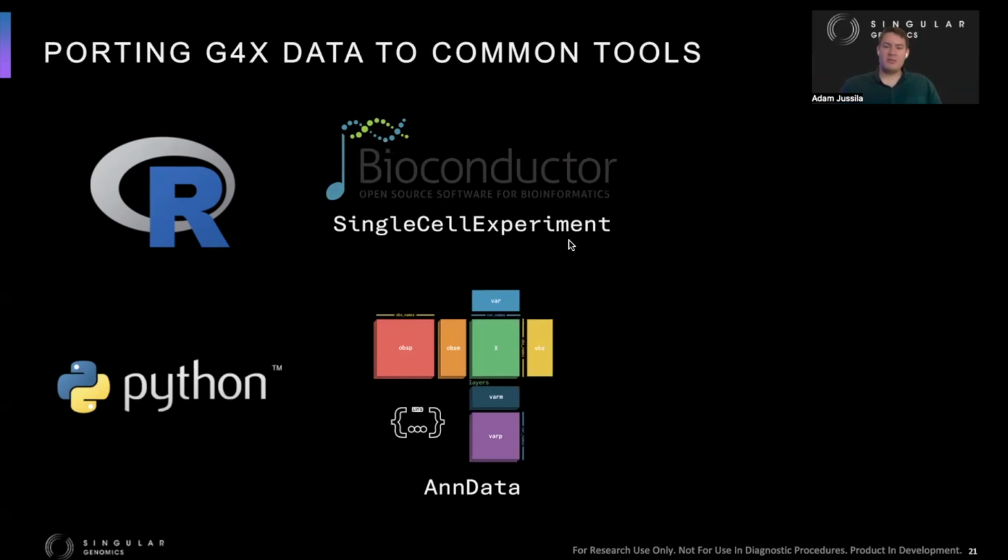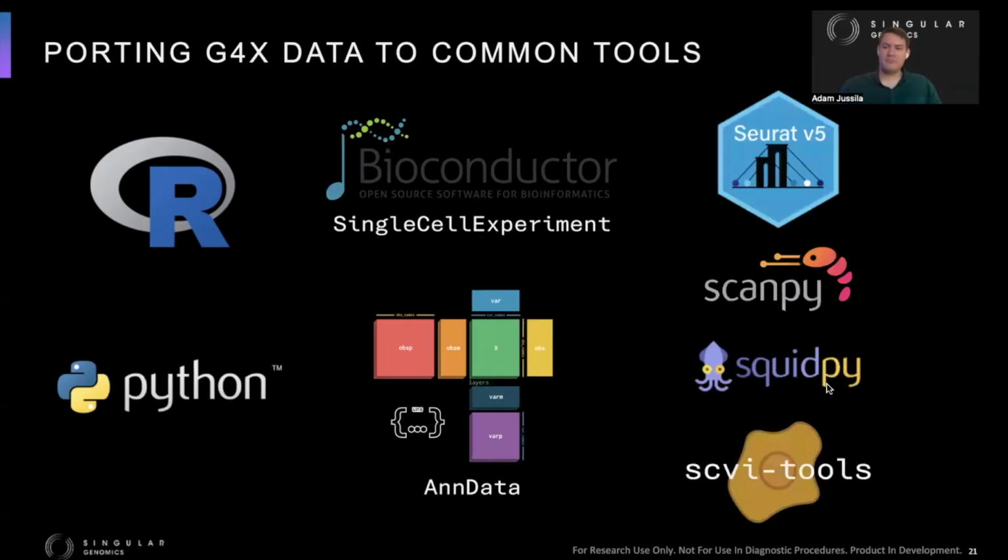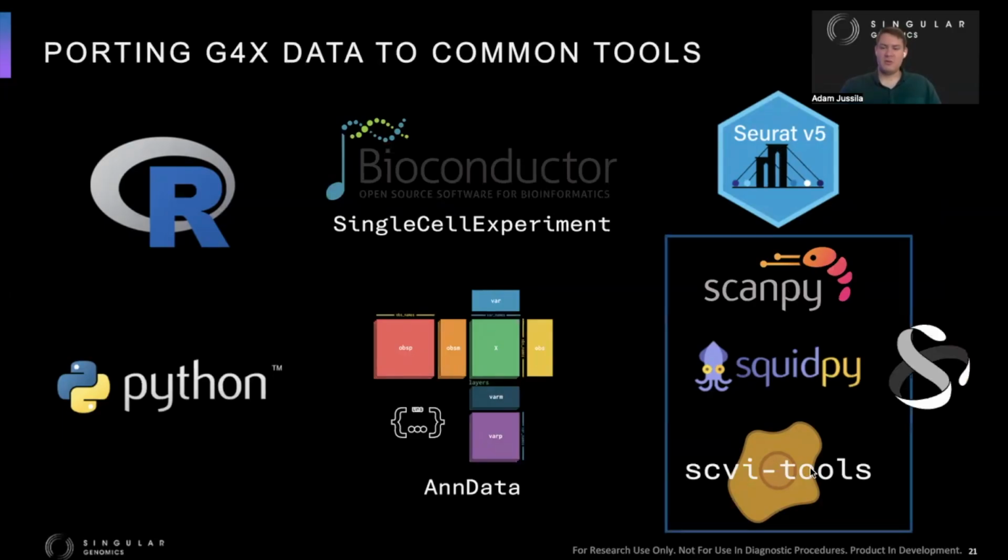We're compatible with SingleCellExperiment, which is core to the Bioconductor packages in R. We also use AnnData, which is core to the scverse, or single-cell verse, set of packages, among others, all through the Python ecosystem and also some niche packages in R. This means that we port very naturally into packages like Seurat, Scanpy, Squidpy, and scvi-tools. But again, the entire scverse is available to you through our AnnData format outputs.